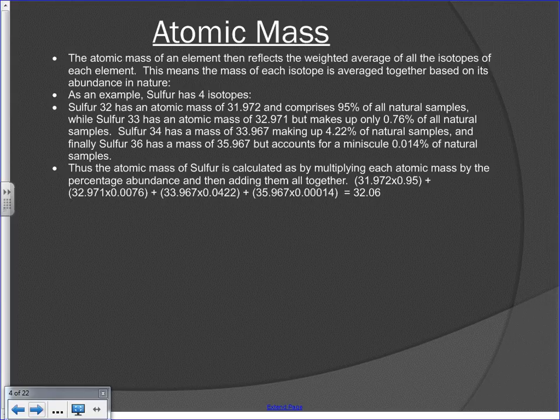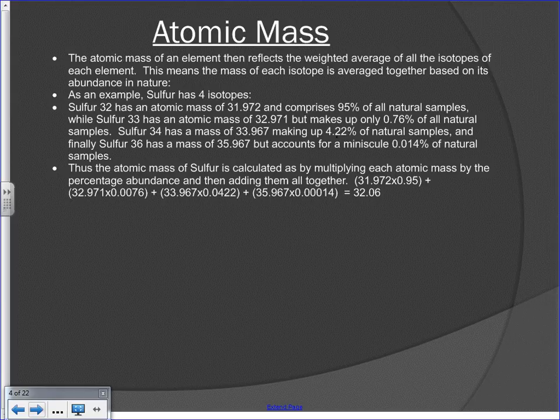I'm going to take sulfur 33's mass and multiply it by 0.0076 because it only accounts for 0.76% of all the sulfur that exists. Do the same thing with sulfur 34: take its atomic mass and multiply it by 0.0422.